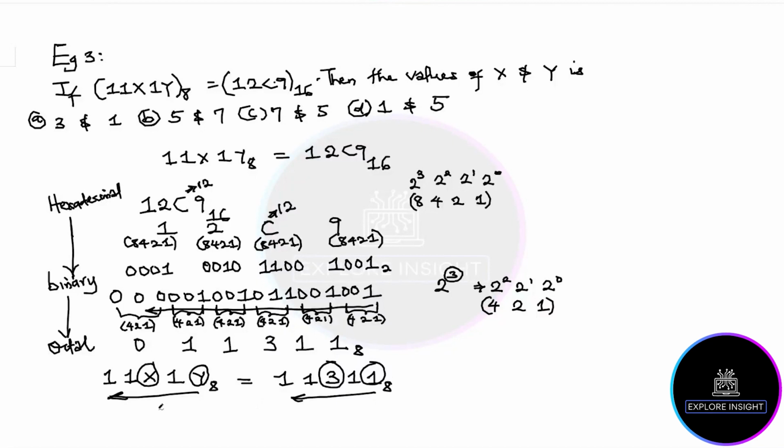So now at this point, our x and y is 3 and 1. So let's go back to the options. We have 3 and 1, 5 and 7, 7 and 5, 1 and 5. So it can be seen that option A is correct. So we'll give our answer as option A.